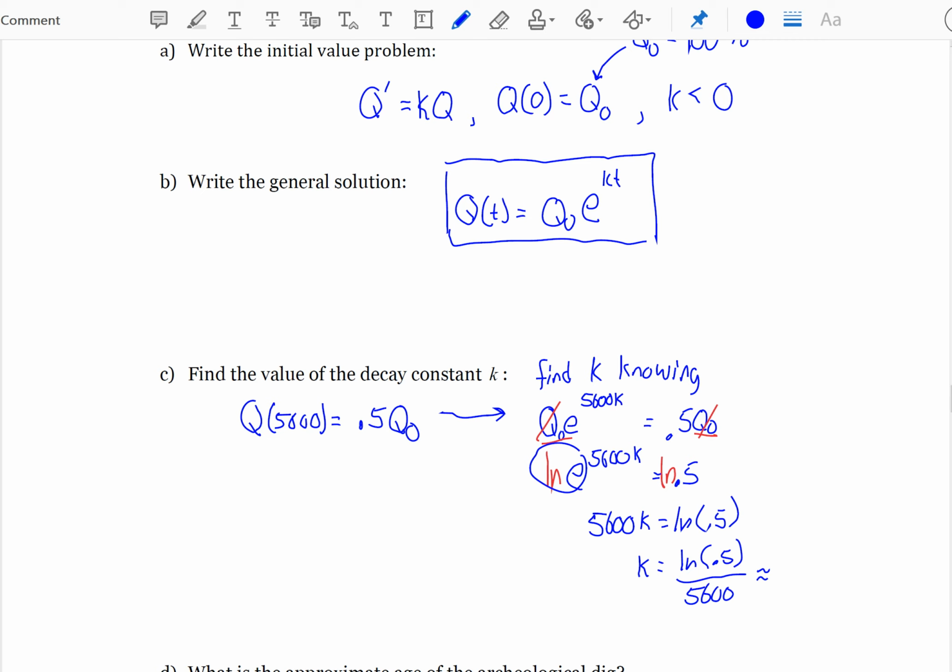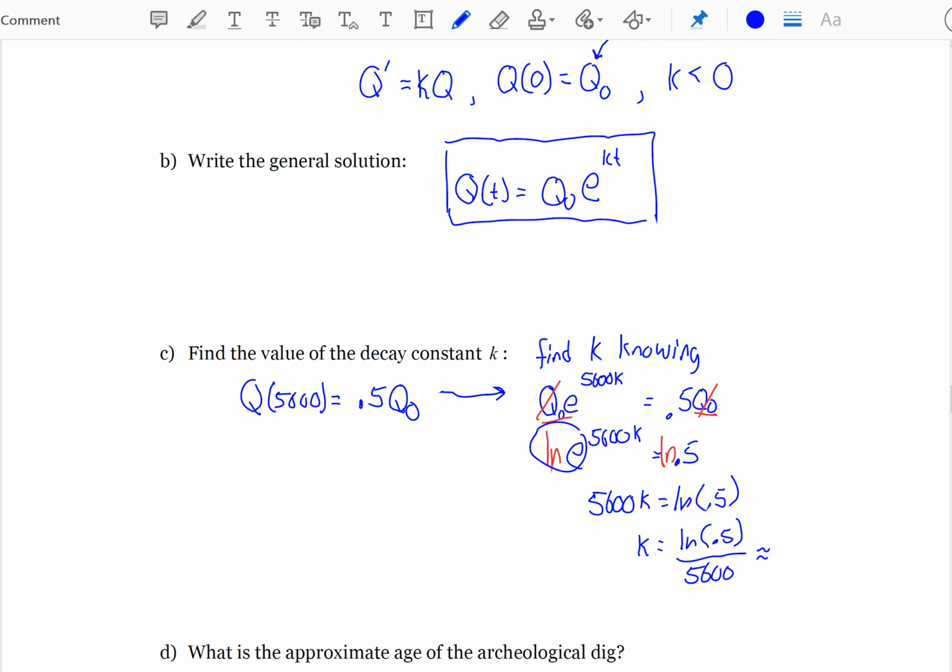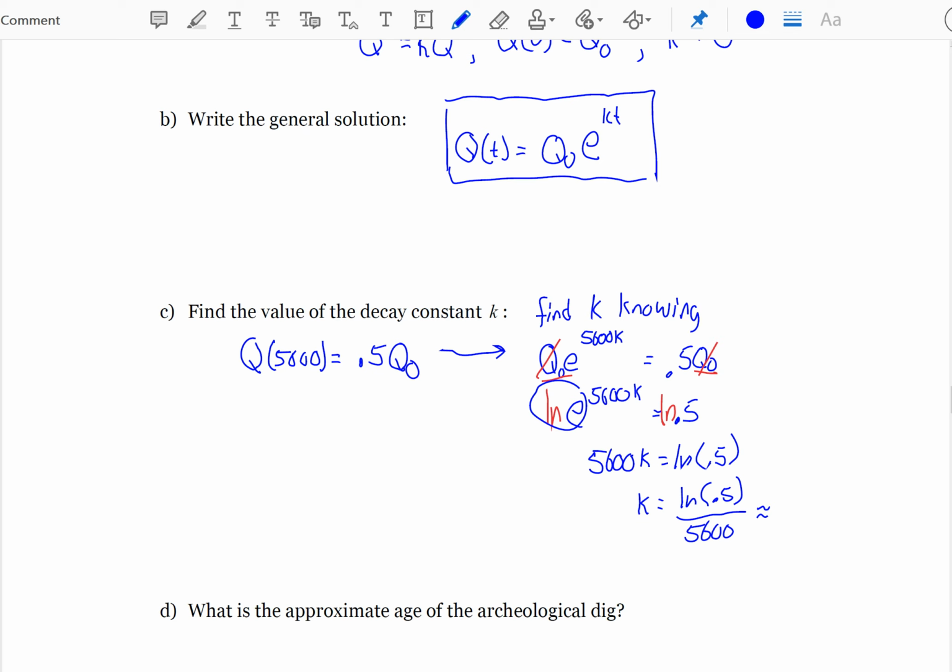Now, I'm going to write my approximation to K to 6 decimal places here to get negative 0.000124. Depending on the amount of rounding you do here, you could get a slightly different answer.